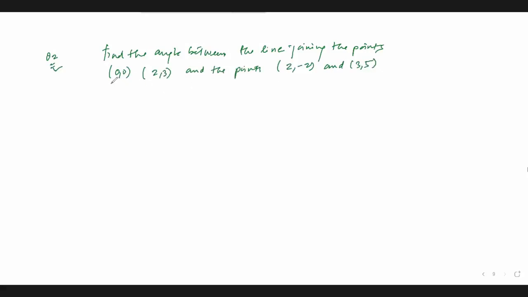That means we are getting one line here and one line here. We have to find the angle between these two lines.